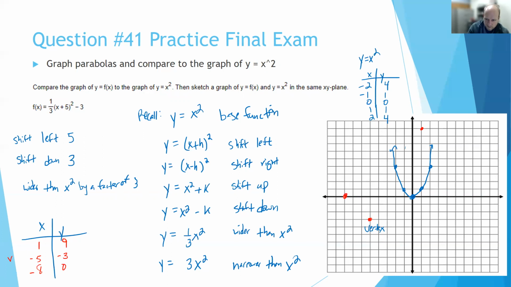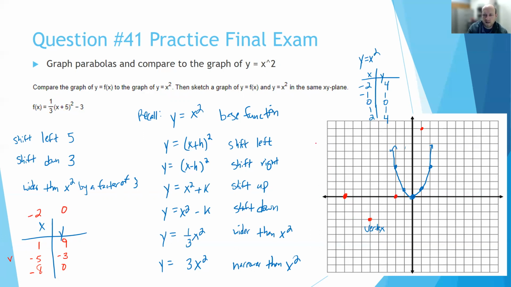Get that right. And then -2. I don't know if I can fit it here, it's kind of trying to change my color, but -2, that's also going to end up at 0, right? Because it makes this a 9, and then 1/3 times 9 is 3. 3 minus 3 is 0. So -2, 0.